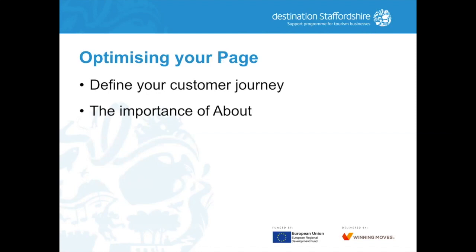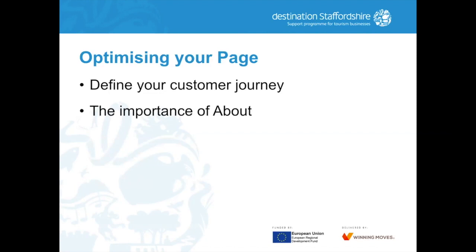Do they exemplify the kinds of experiences and feelings that they will get once they attend your event, stay at your place, visit your attraction? If you think about how your Facebook page functions during each stage of the customer journey, then it will really help you to maximize the benefits of being on the platform.